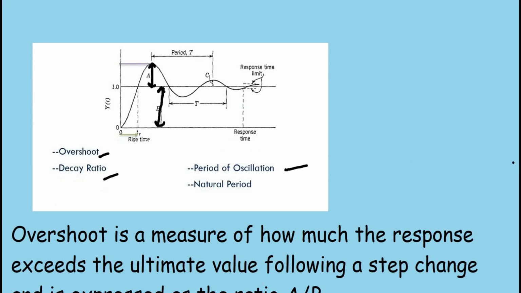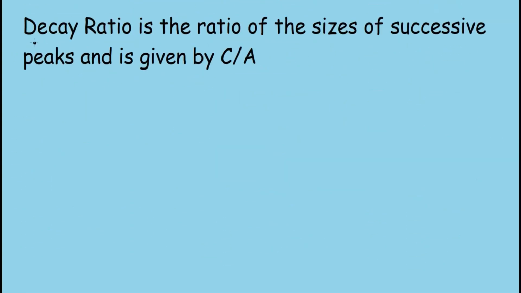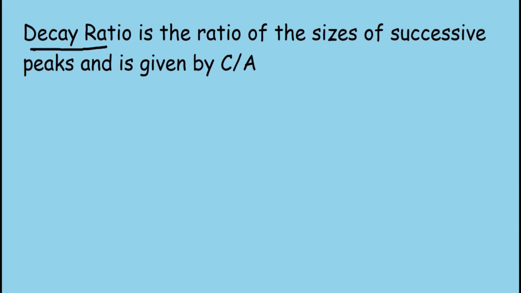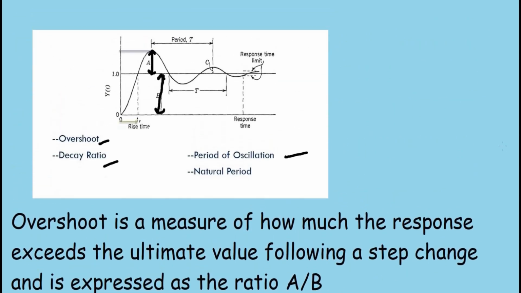Next what we will study is the decay ratio. The decay ratio is the ratio of the sizes of successive peaks, that is it is given by C by A. So what is C? If you look closely in the graph, you can see that this is C. This distance is C, this length is C, and A is this.